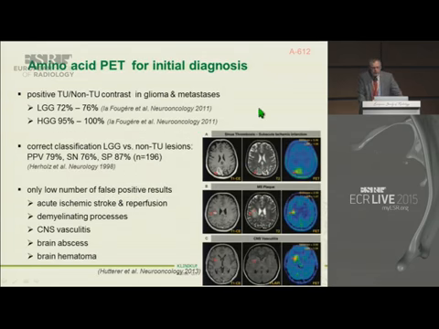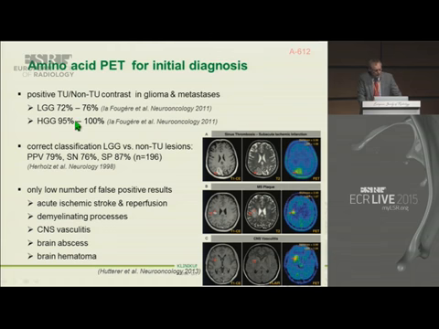But things which are good also have problems. So in low-grade glioma with the amino acids, only in about 75% of the cases do we have a positive tumor to non-tumor contrast. So a substantial number of low-grade gliomas cannot be delineated by an amino acid PET alone, so you need, of course, the combination with MRI.